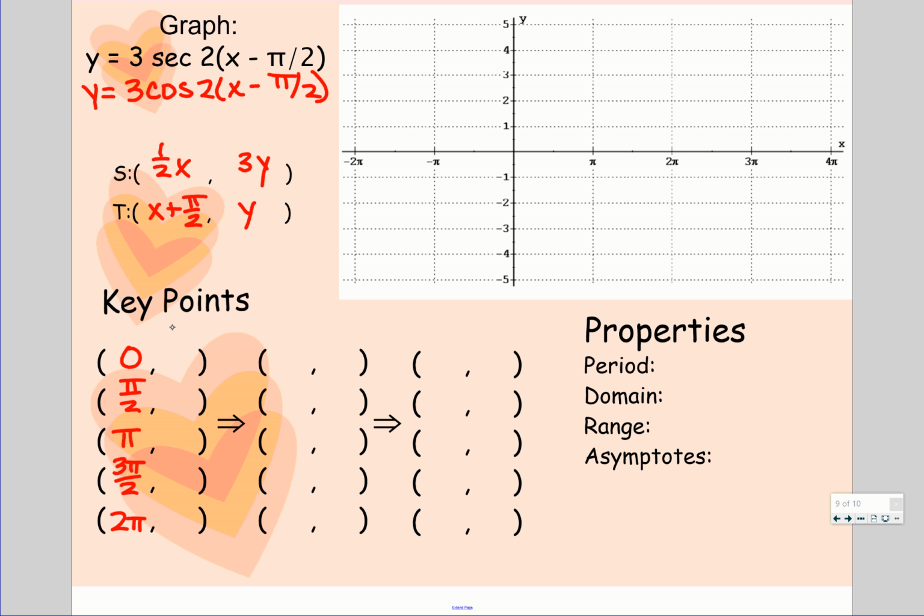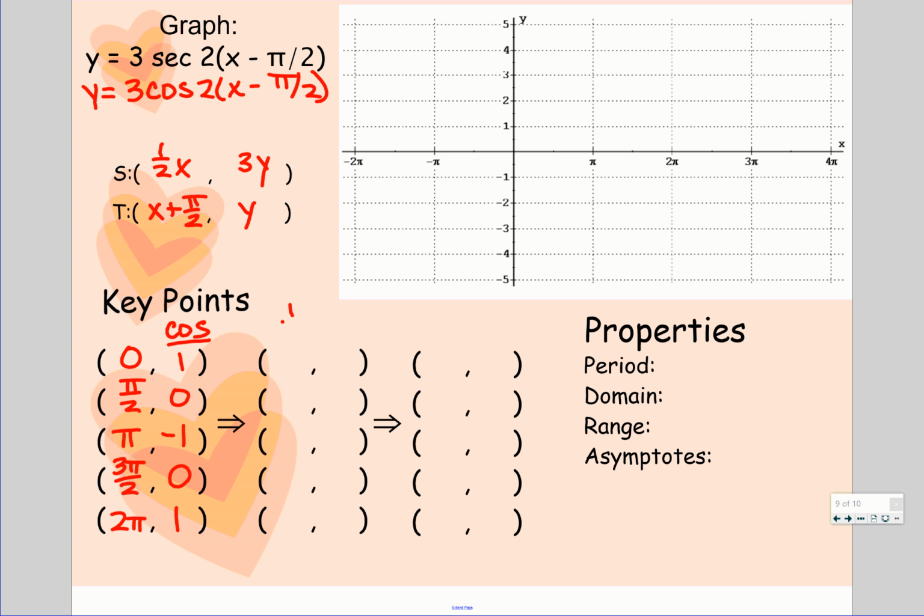And now we need to give the cosine of each of those radian measures. You need to know your unit circle. What is the cosine of 0? 1. Cosine of pi over 2. Cosine of pi. 3 pi over 2. And 2 pi. 1.